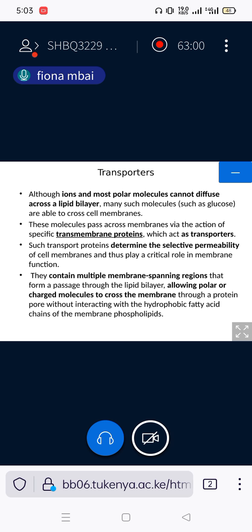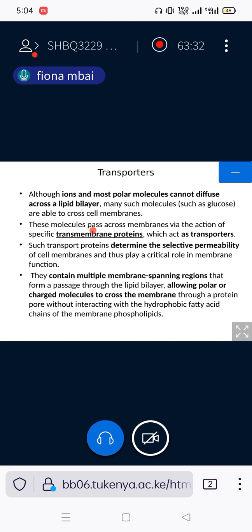So, first of all, when you talk about transportation, the process is known as transport. Polar molecules cannot diffuse across a lipid bilayer. Many such molecules, such as glucose, are able to cross the cell membrane.